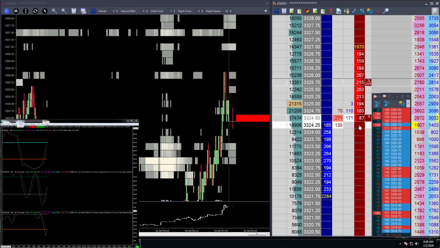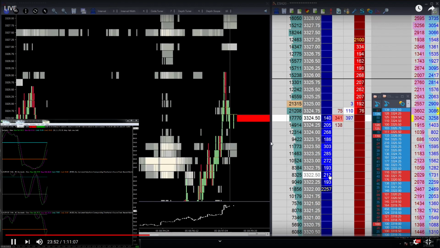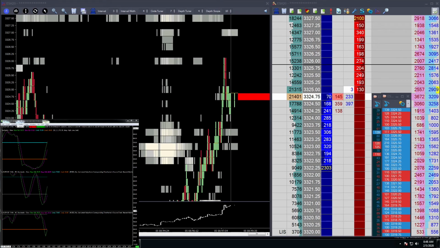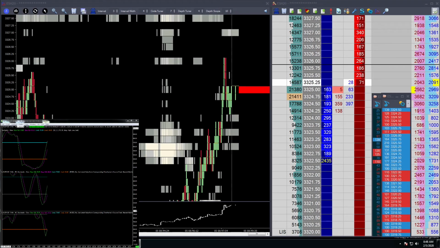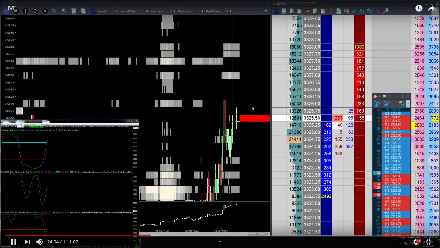So I'm ringing the register. I'm scaling out. Now you have some cluster selling coming in. Let's see what happens here. Nice little push up. That's what I'm looking for, but I'm looking for it to push more. This is going to be a little problem area, this 26, between 26 even and 26.50.